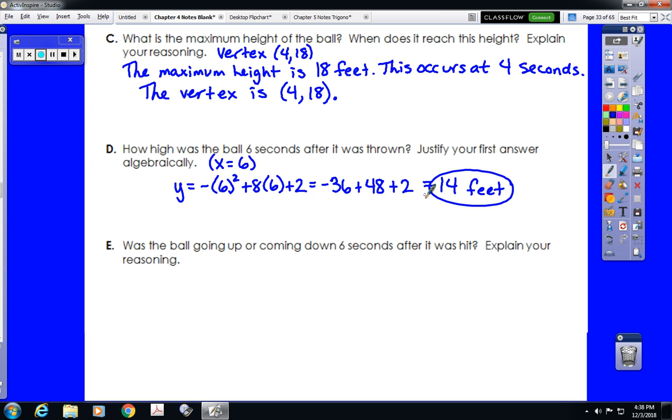Okay, and finally, was the ball going up or coming down 6 seconds after it was hit? Well, I completely misspelled that word, so let me just start over there. After we go past the vertex, after x equals 4, the function is decreasing.